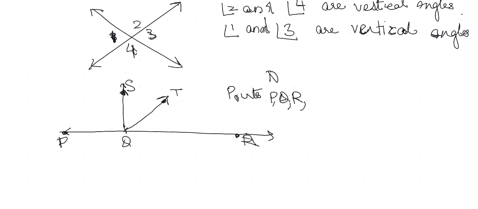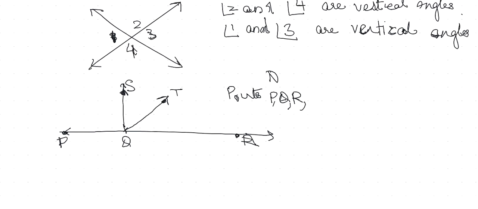We can also assume that PR and SQ intersect at Q. PQ, SQ, and TQ intersect at Q. These things we can assume.